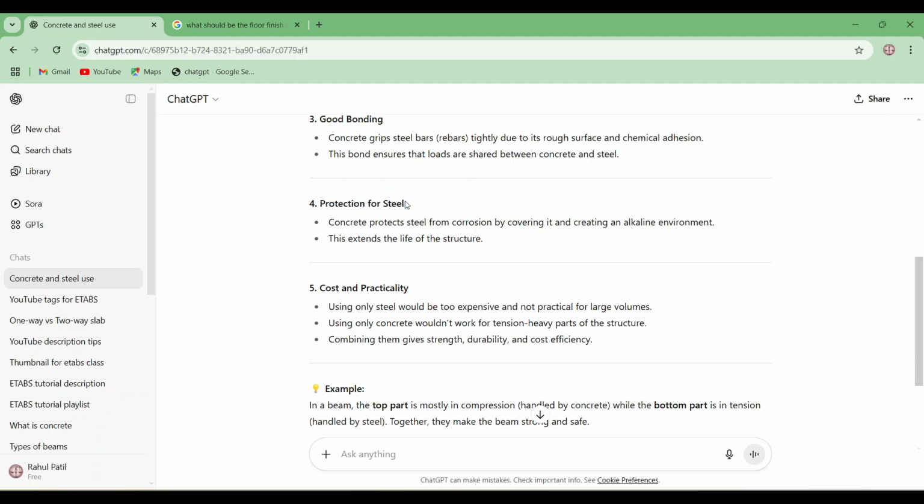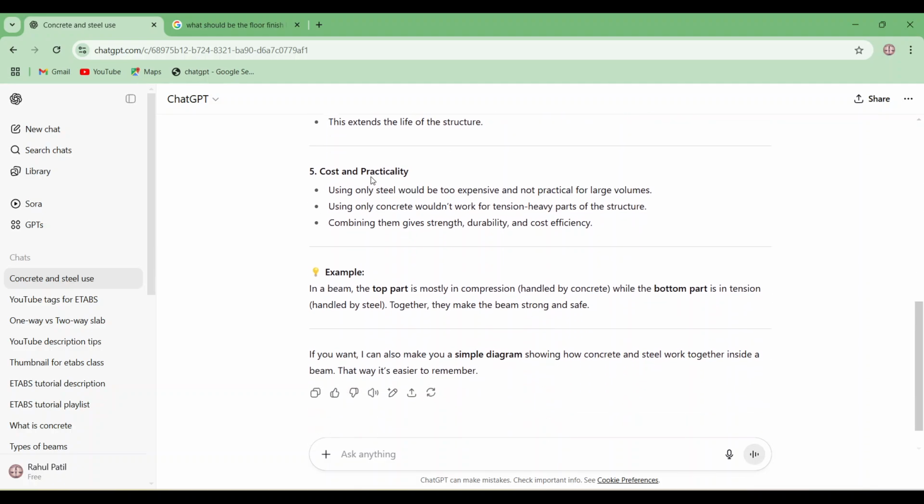There is also protection for steel: concrete protects the steel from corrosion. Then cost and practicality, because steel is very expensive.